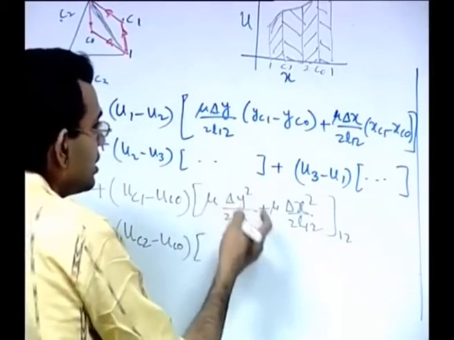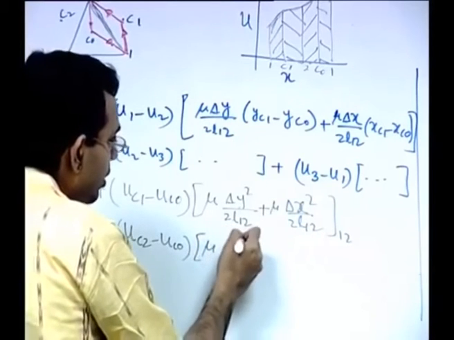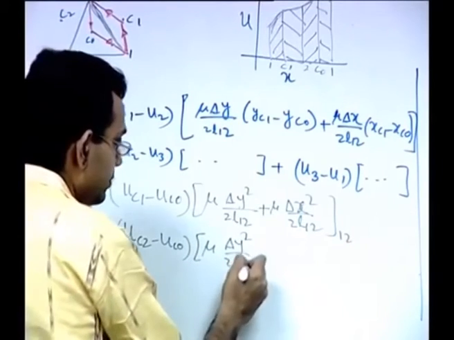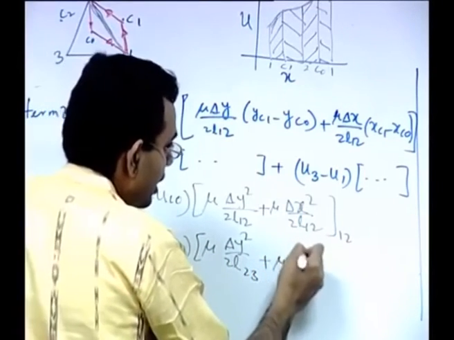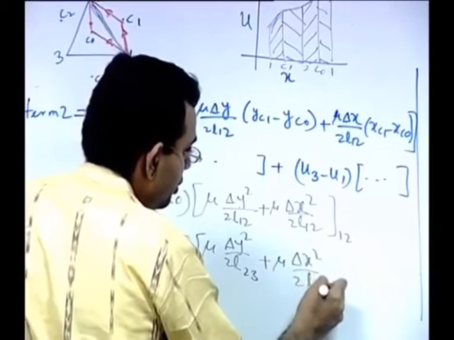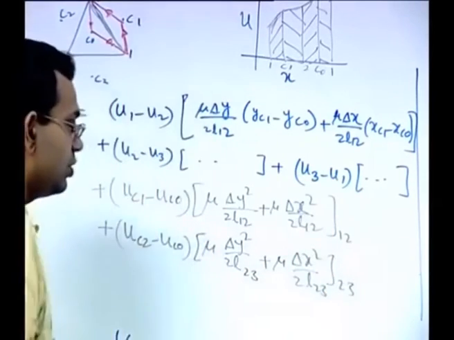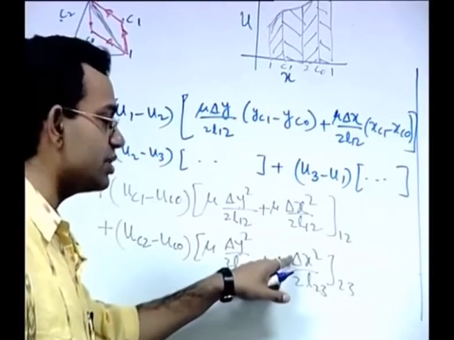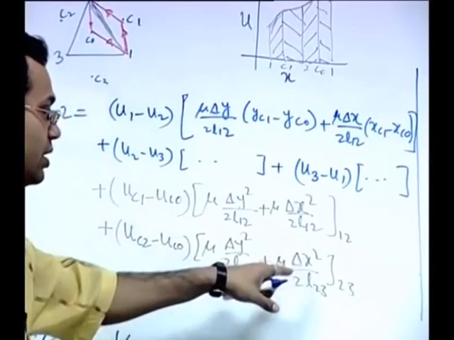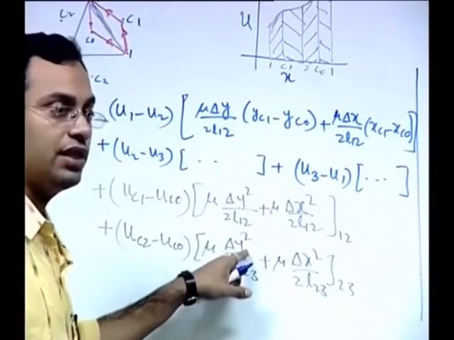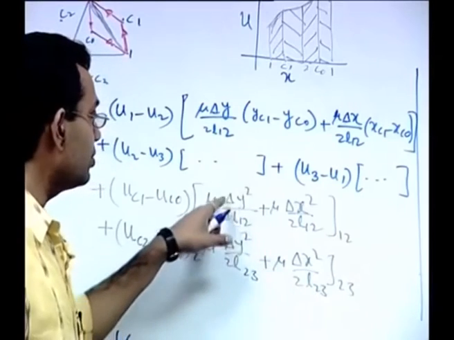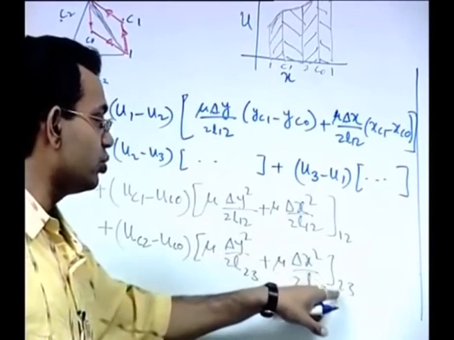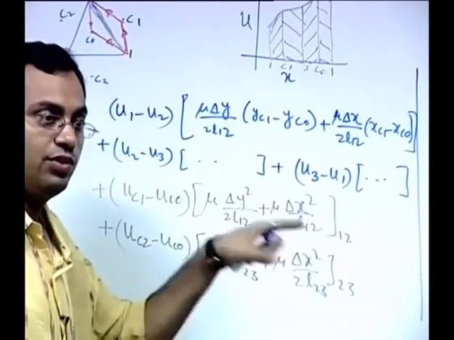For example, delta y square by 2 L23 plus mu delta x square by 2 L23 for the side 2 3. So this delta y corresponds to y2 minus y3, this delta x corresponds to x3 minus x2, this is y3 minus y2. So delta y for 1 2 is y2 minus y1, so delta y for 2 3 is y3 minus y2. So we have to follow that order.